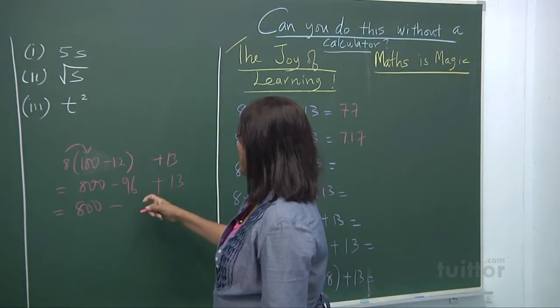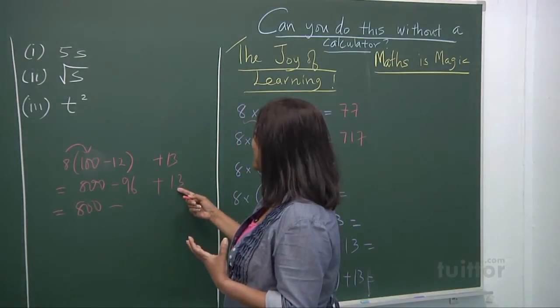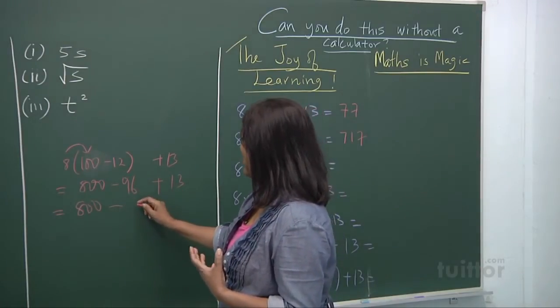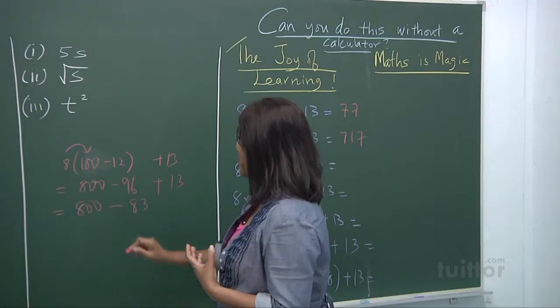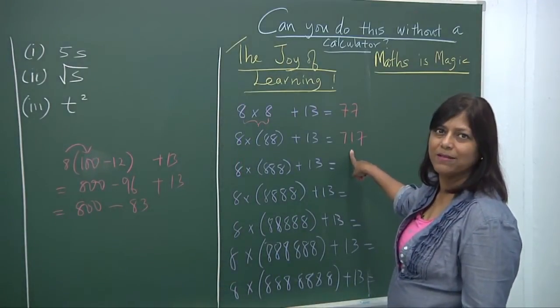You can see the pattern. 96 take away 13, because this answer is going to be negative, you get 83. And when you take away, you get the 717.